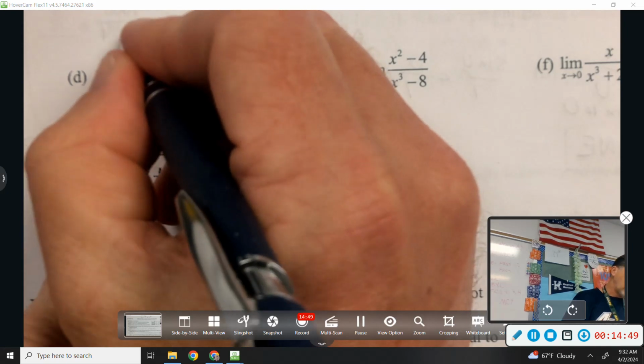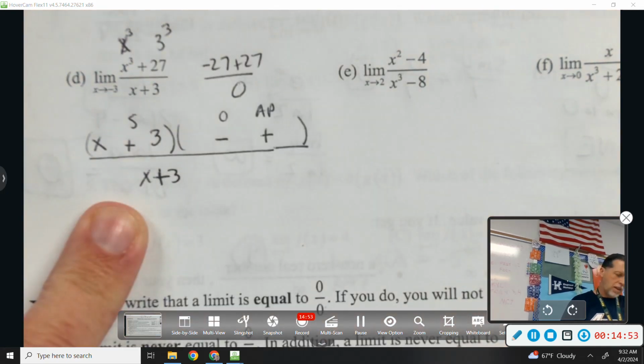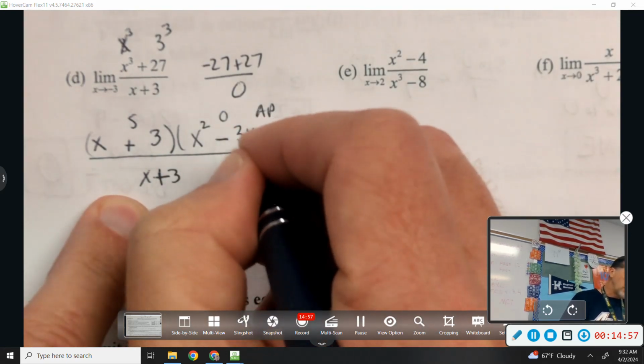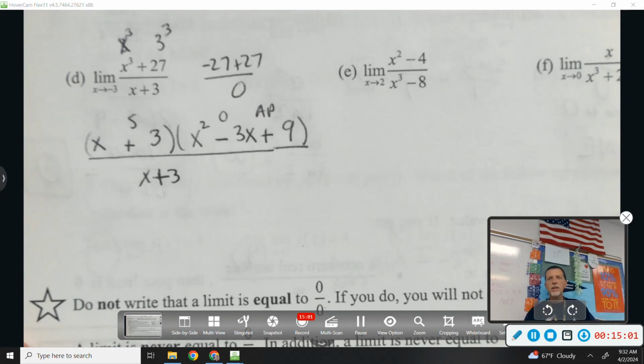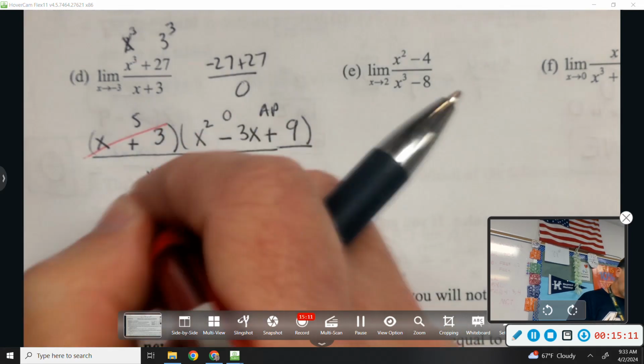Because this is x cubed and 3 cubed. And then square the first one, multiply the two together, square the second one. Most people remember SOAP, so it's not the signs that are an issue, it's the numbers. All right, the x plus 3's will cancel.